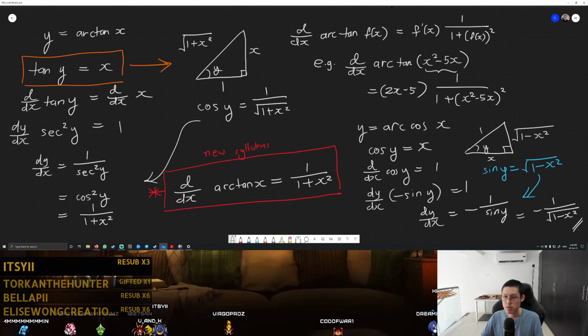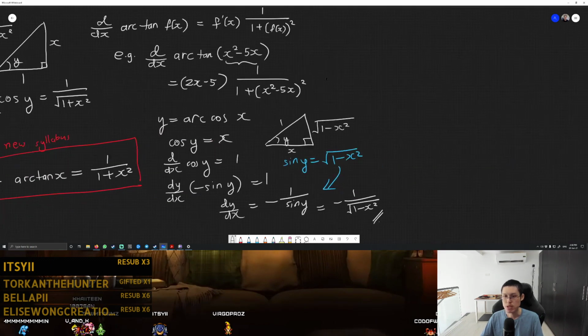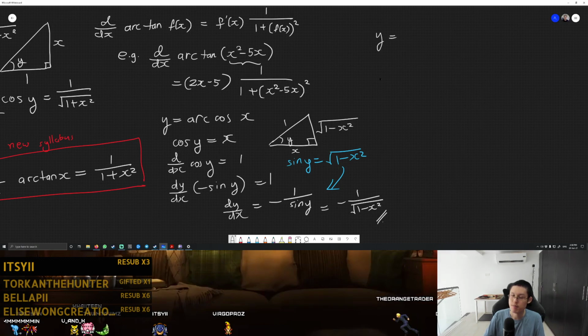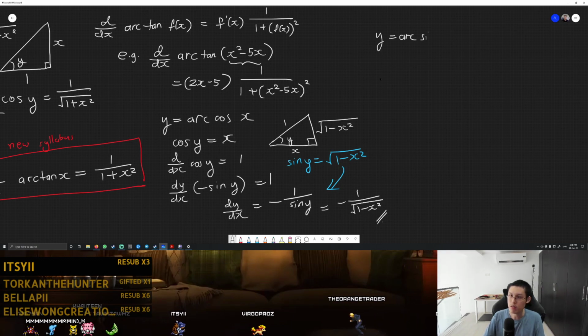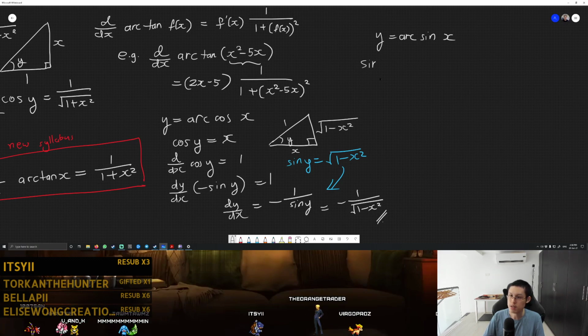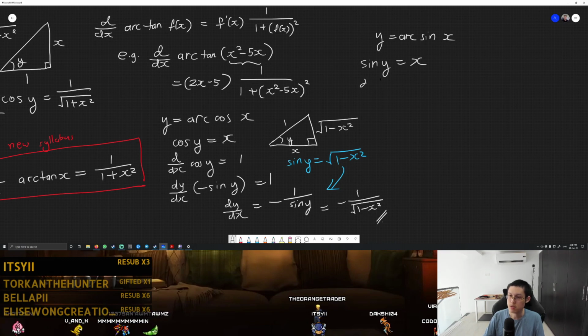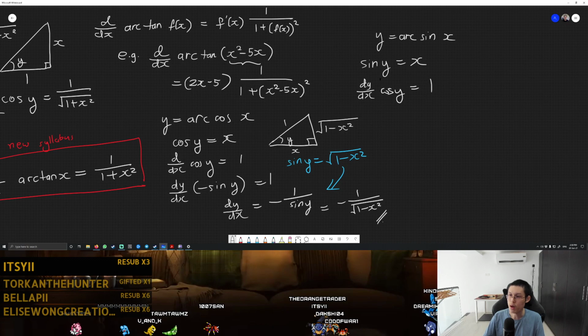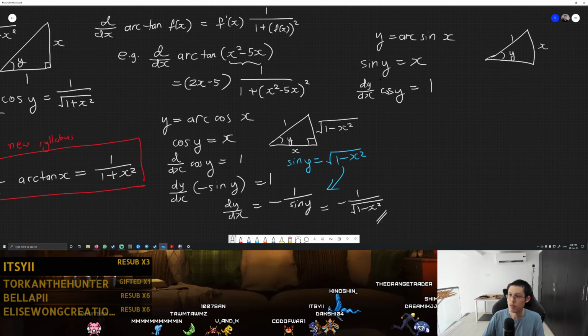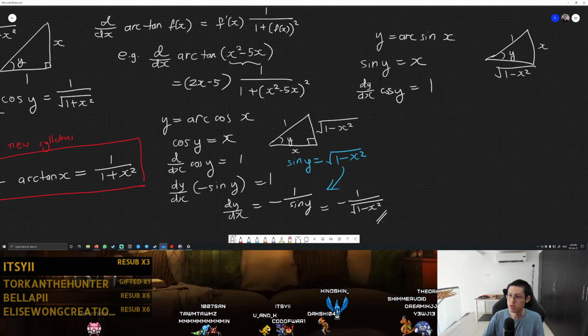You can do the same thing for sine, but let me just show you here in case you have any doubts. First we're going to move arc sine over. We get sine y equals x. Differentiate both sides implicitly, it's going to give us dy/dx cos y equals 1. Drawing the triangle, it's going to give us x over 1, which means this side is square root of 1 minus x squared.